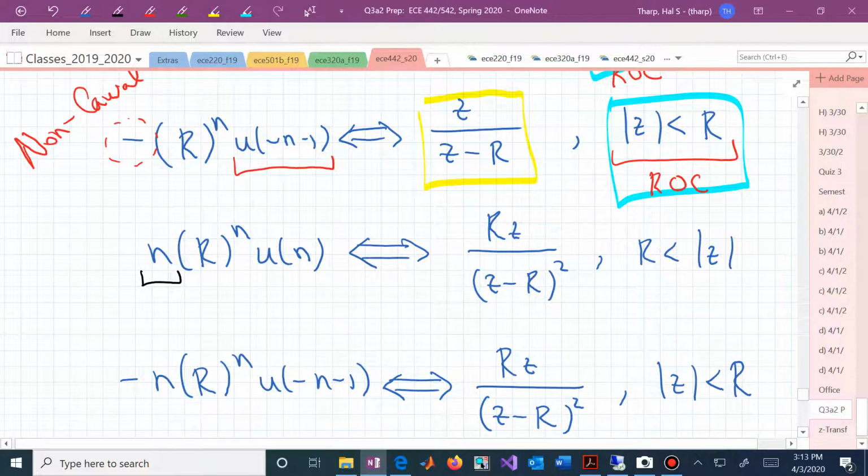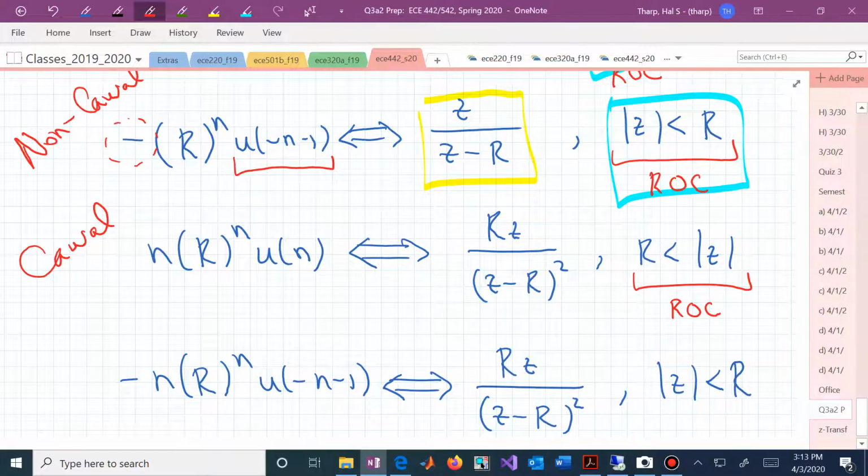What can you tell me about this? This region of convergence says that this is a causal sequence, and there's no sign reversal between the transform pairs.